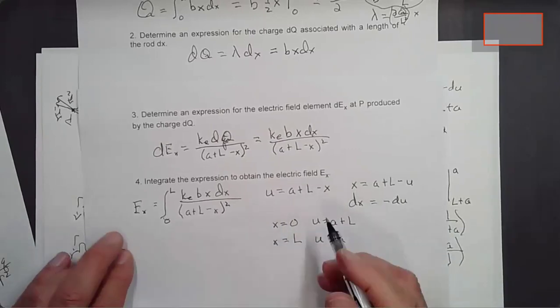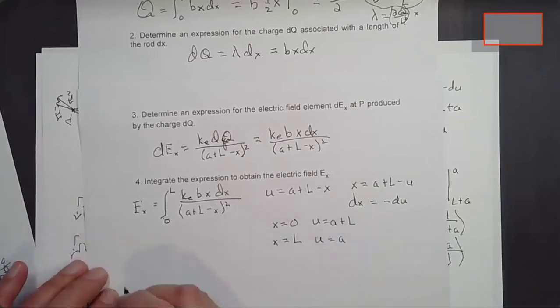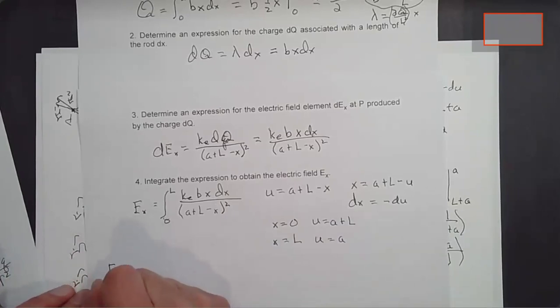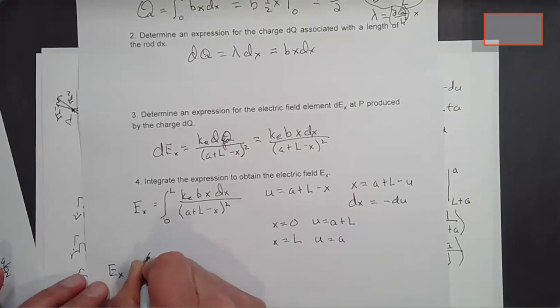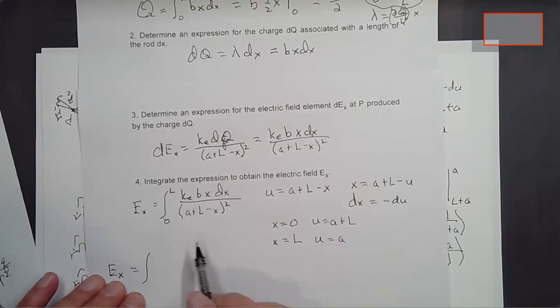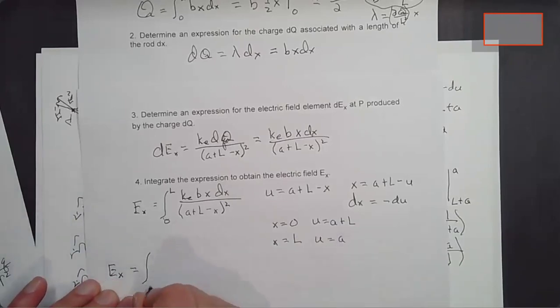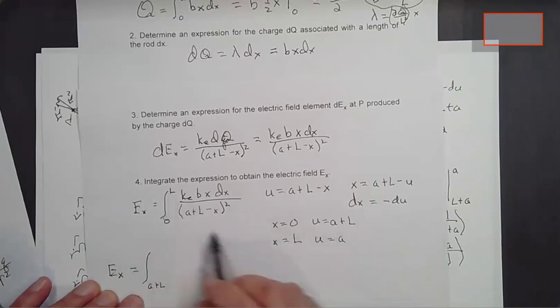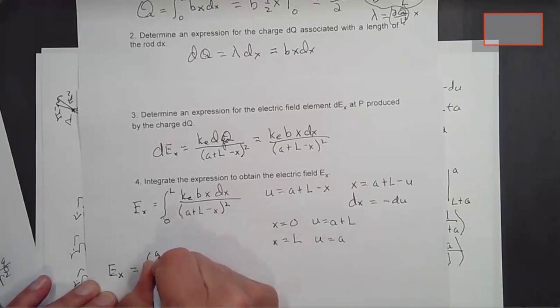So let's see what happens to this integral when I do all these substitutions. E sub x will equal something kind of scary here, but when x was 0, we'll have a plus L down here. And x is L, we'll have a up here.